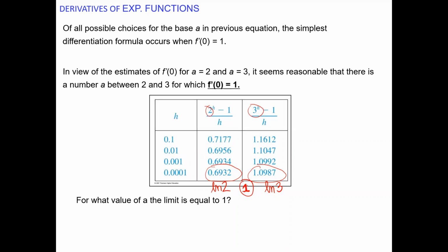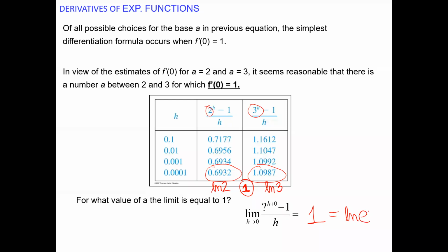Now the question is, what base? I have this question mark. What base do we have to put for the limit to be equal to 1? Of course, we know that this is ln of the base, ln of that question mark. I know that when you're watching this now, you will tell me right away, ln of e, natural log of e is 1.